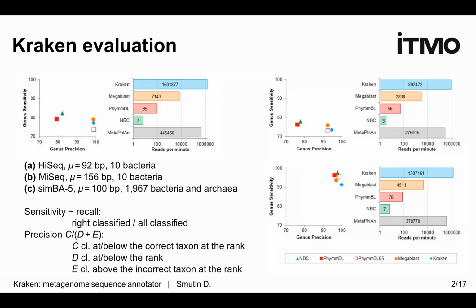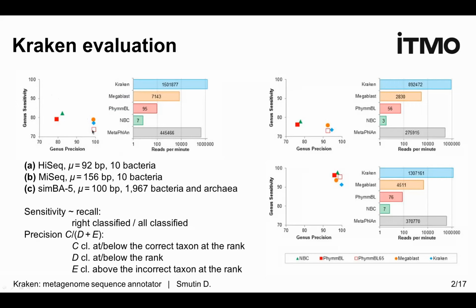On these charts, there are 2 main axes: sensitivity and precision. Sensitivity here is something like recall, so it is just how many species are classified right in comparison to all species.